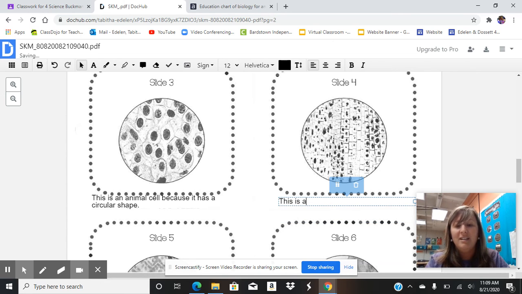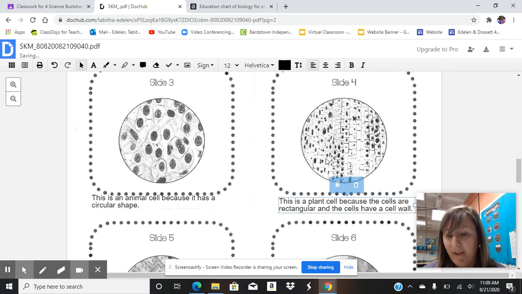So this is a plant cell because the cells are rectangular and the cells have a cell wall. Very important.